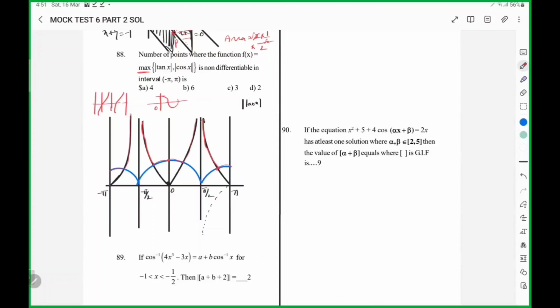So, number of points where the function is not differentiable. Here it is one point, second point, third point, where it has a sharp edge. At those points, it is not differentiable.